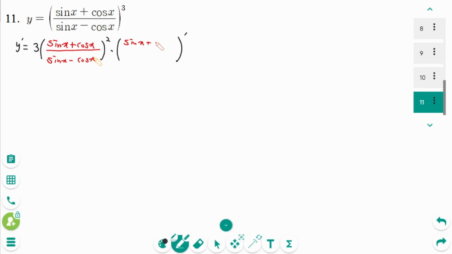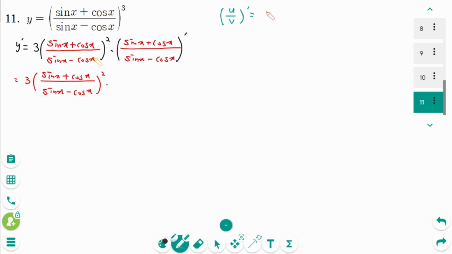So the derivative equals 3 times sin x plus cosine x over sin x minus cosine x squared times, use the quotient rule, u over v prime equals u prime v minus u v prime over v squared.